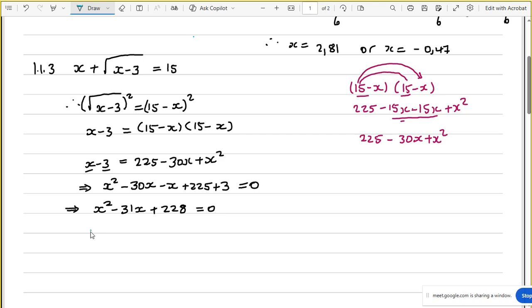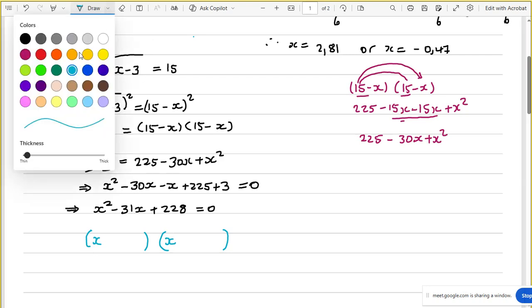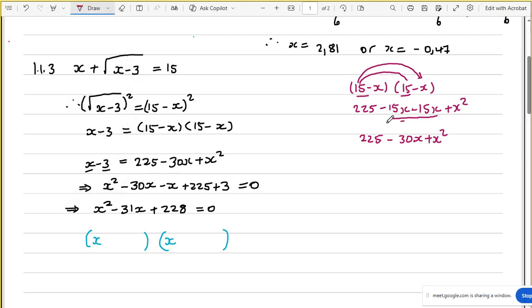You're going to first write 2 brackets, and then x on both sides, to know what are the factors of 228 that will give you 31 when you add or subtract them. And do not write this on your paper. I'll explain why.